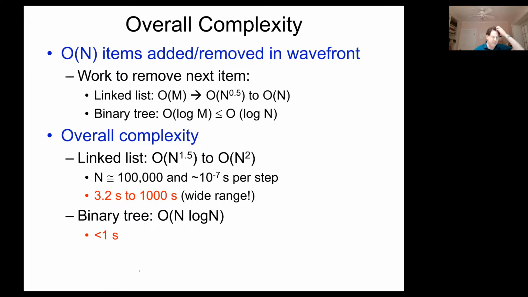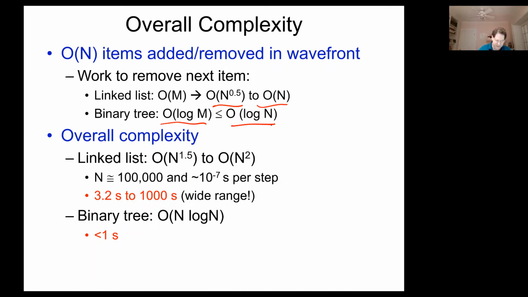So that kind of repeats what I just did. We're going to go through that wavefront loop n times. We can look at every single node in the graph before we find our destination in Dijkstra's algorithm. The work to remove the next item in a linked list is order n to the 0.5 to order n, whereas for a binary tree, it's order log m, and m, the number of active wavefront entries, is for sure less than n.